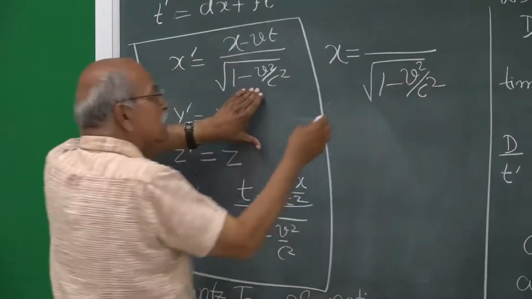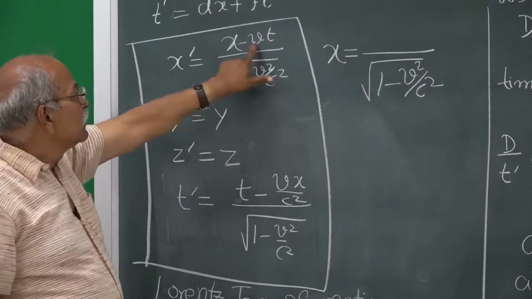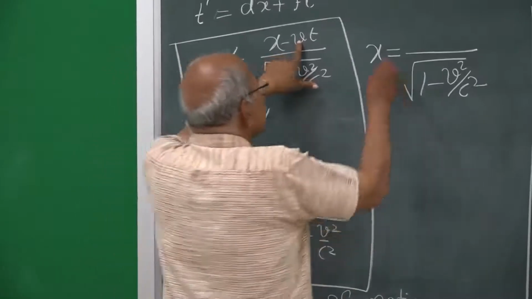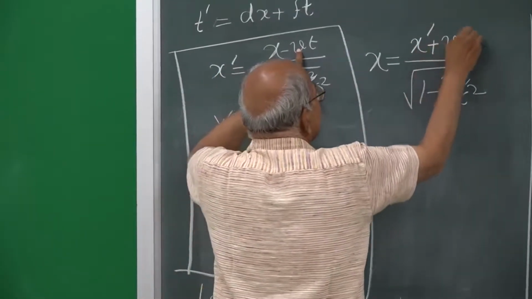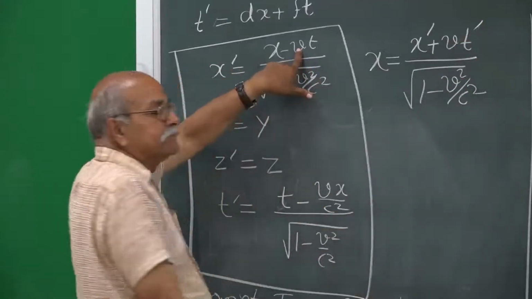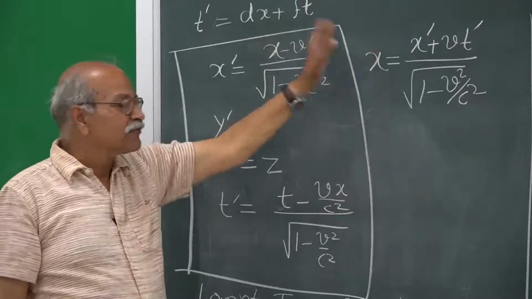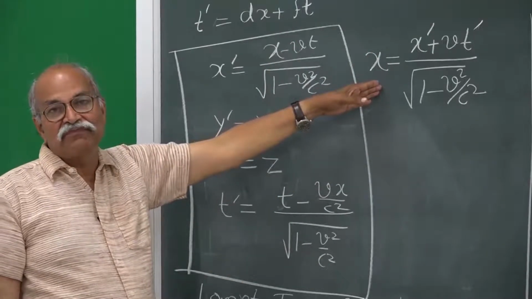When you put minus v in place of v, this does not change. When you put minus v in place of this v, this will become plus. So, it is x prime plus v t prime. Of course, I can do algebra and get it from all these equations, but it is simple to use the principle of relativity.